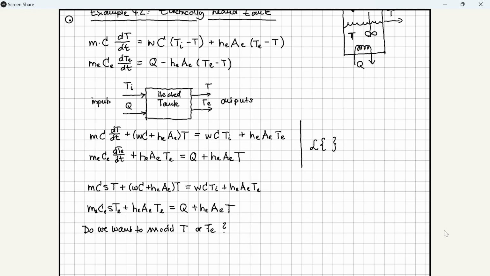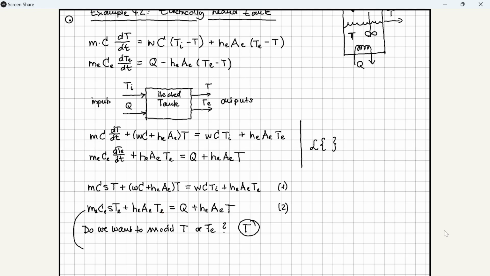And generally we would like to know what T is. So we're going to solve those two equations, equation 1 and equation 2, which have two variables in there, T and TE. We're going to eliminate TE.